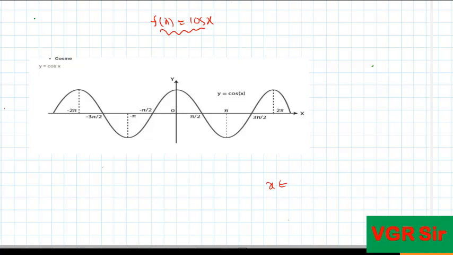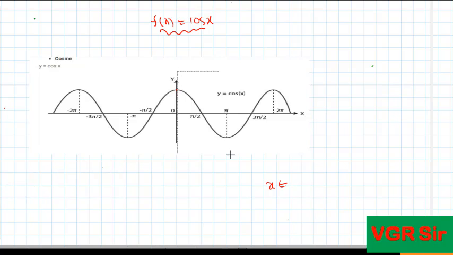One cycle of the graph means it should give all the values from the range. See here, if you take 0 to pi, this length is pi by 2, this length is pi. If you take the graph, this is the piece, this is one cycle. I will show you.